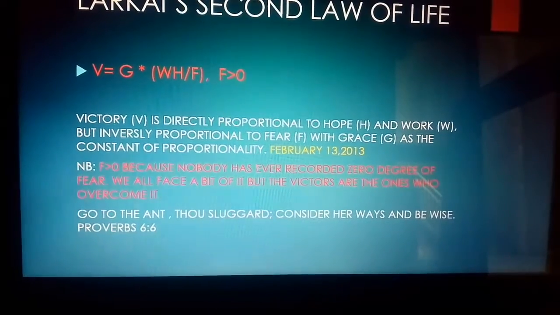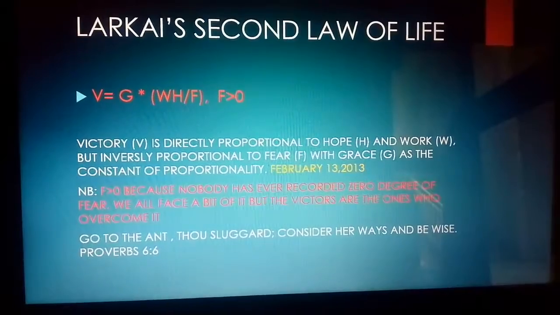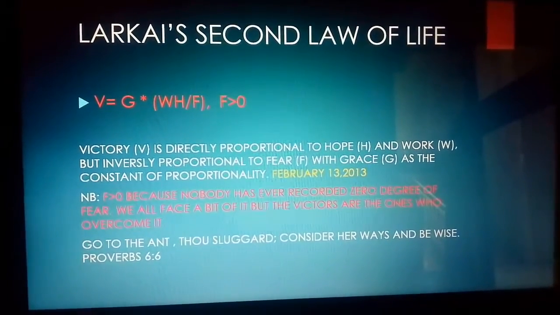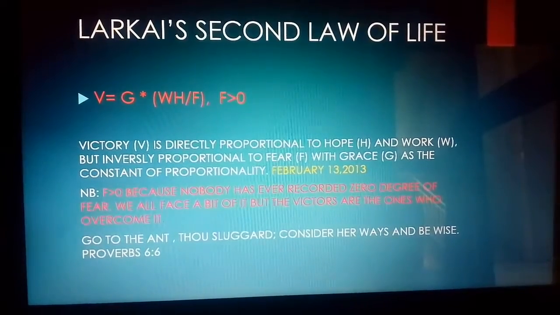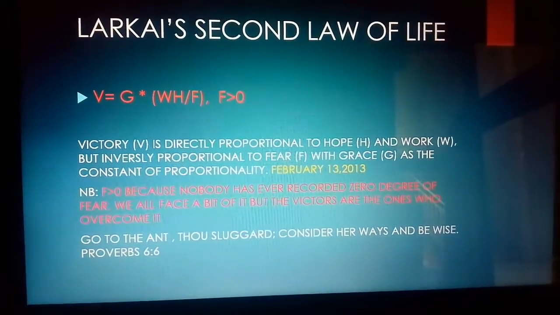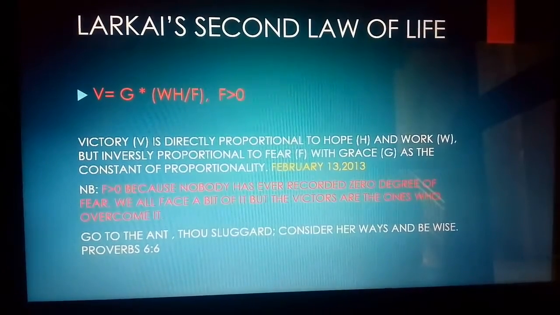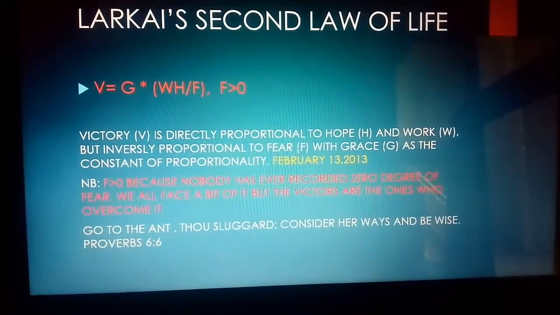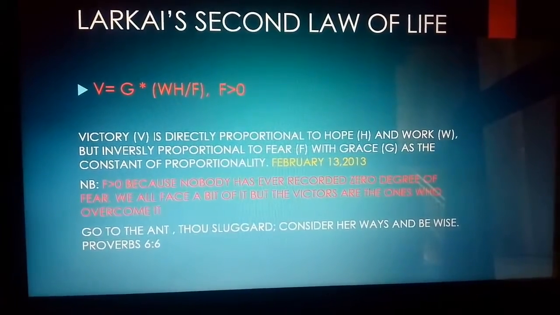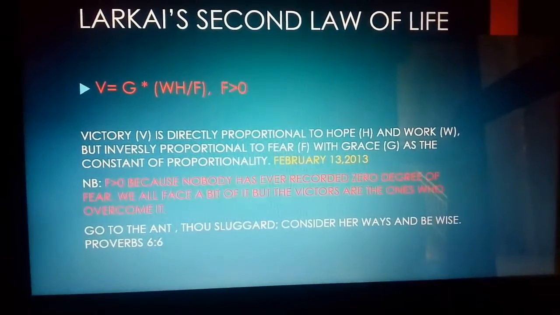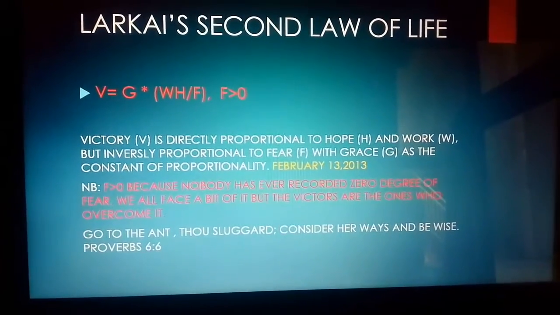So the equation is telling us that if you want to be victorious, if you want to be successful, 1, you rely on God's grace. 2, you work. 3, you don't give up, you always hang on hope. And 4, you reduce your fear to the minimal, or the least possible.